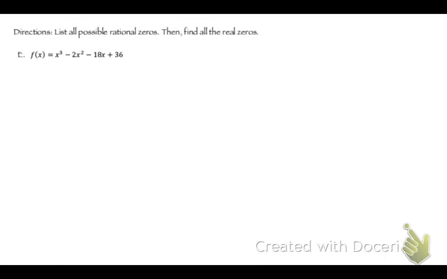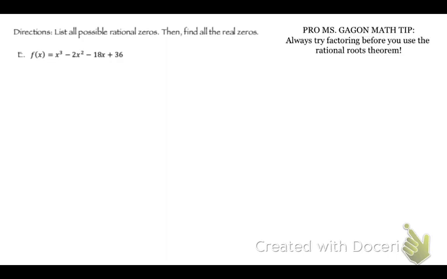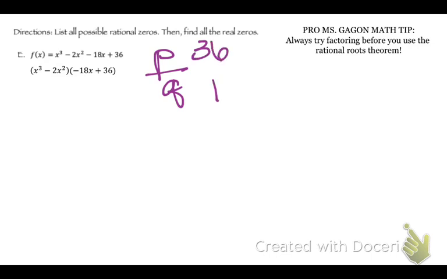So list all possible rational zeros and then find the real zeros. Try factoring before you use the rational roots theorem. It says to list the possible rational zeros, and I didn't do that, so let's just list them. So it's P over Q, which here my P is 36 and my Q is 1.